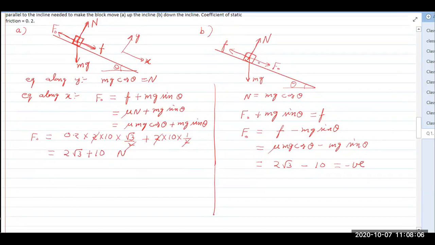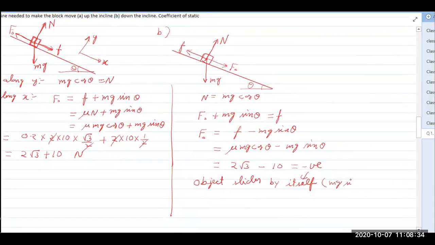Actually, negative means the force we were thinking we have to apply to balance the maximum friction must instead be applied in the opposite direction. So if you want to move it down, there is no need to apply force. Since it is negative, the object slides by itself, because mg sin theta is greater than mu mg cos theta.